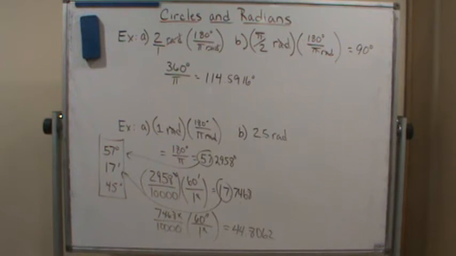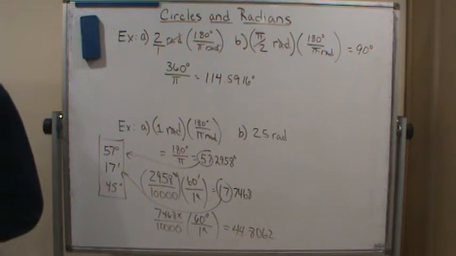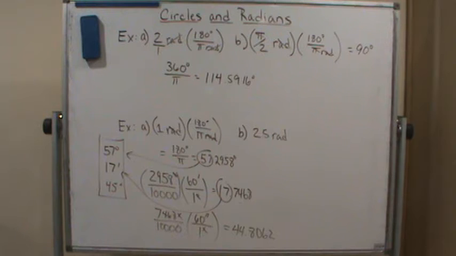Okay, now how would I do that in my calculator? So, first thing I would do, again, is to go to my mode. And set it to radian. Or no, set it to degree.